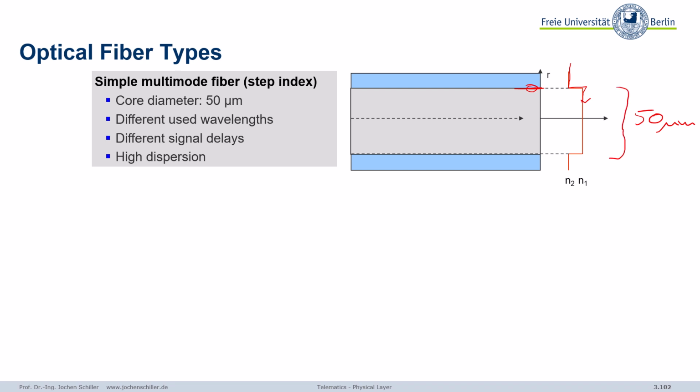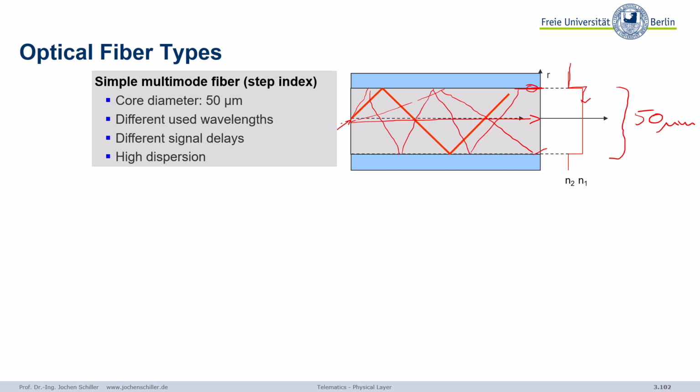The problem here is that we can send one wave through this fiber, but depending on this angle, we may also have different modes, different paths, or maybe this direct way going through the fiber, simplified. Or we even have an extreme case of a lot of reflections.